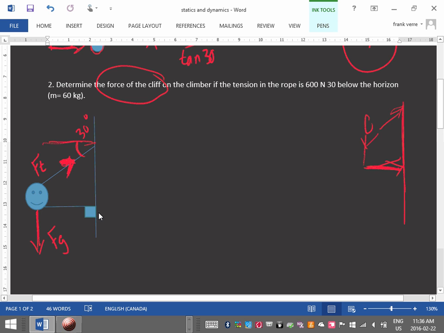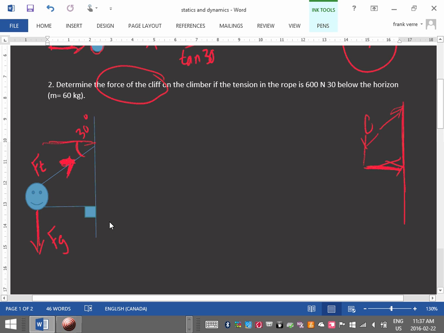So the cliff is going to exert a force to the left. The cliff is going to exert a force back, as in Newton's third law, right? The rock climber is pushing against the cliff. Cliff is going to push back. The rock climber is pulling on the rope, which is attached to the cliff. Cliff is going to push back.